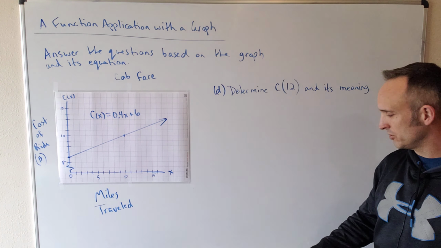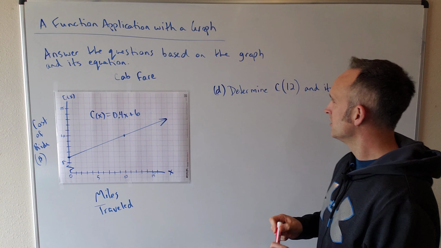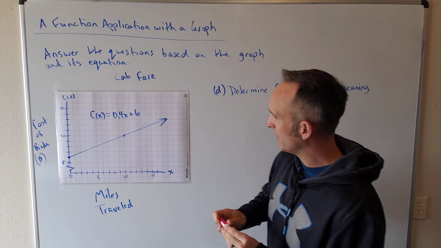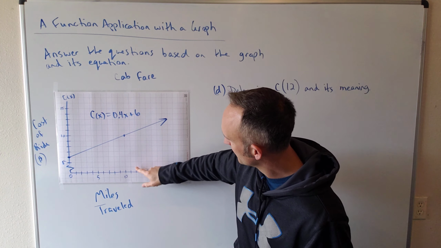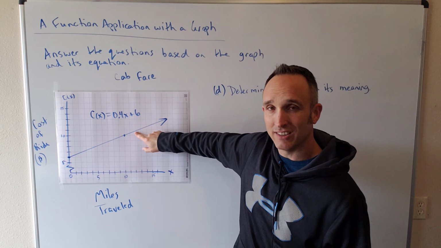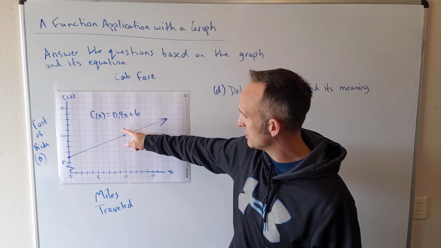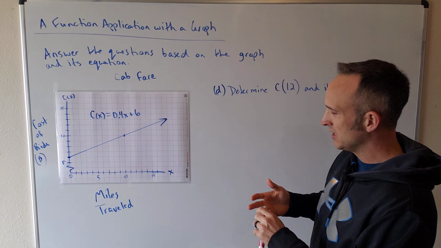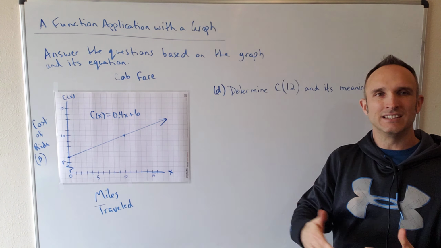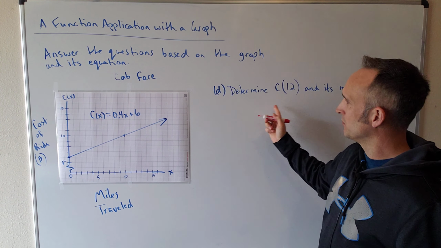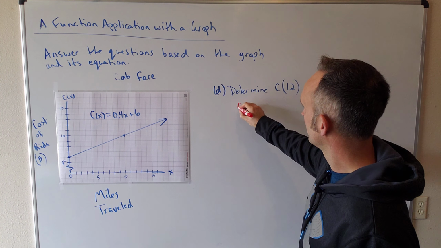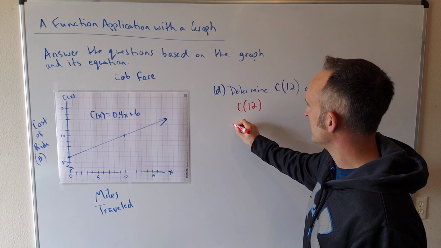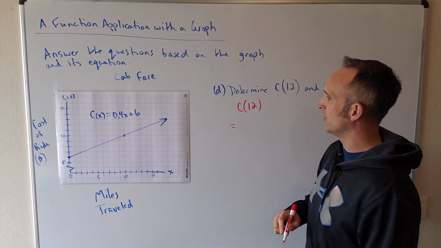You may want to try this on your own. So C of 12, if I look at my graph, you can see here I don't land on a lattice point. I don't land where two nice grid marks intersect. So I can't look at the graph and get the exact value of C of 12. So instead I'm going to use the equation. The equation is nice for that reason. I can plug any number in that I want.